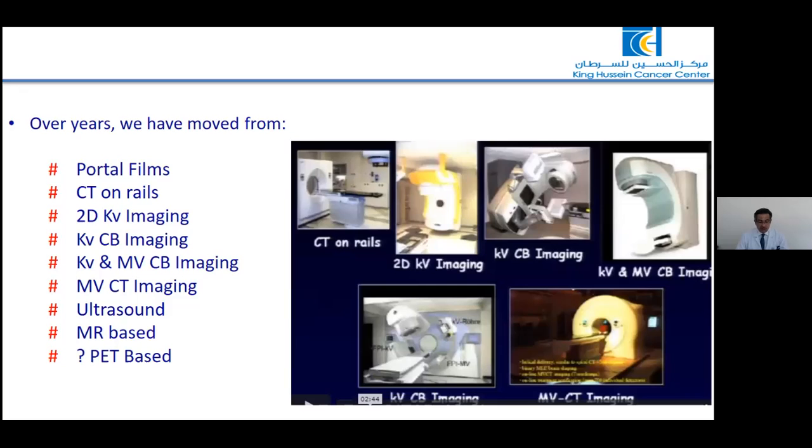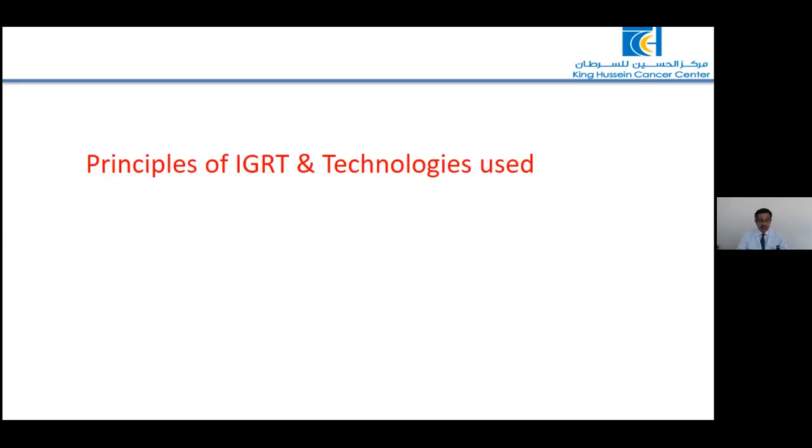And nowadays we see a lot of research and some clinical application of MRI-based IGRT. And maybe in the near future, we will see the PET or the PSMA or other agents used as a tool for the IGRT as well.